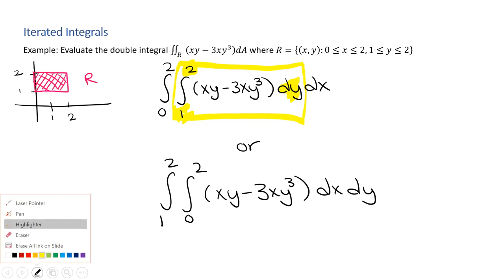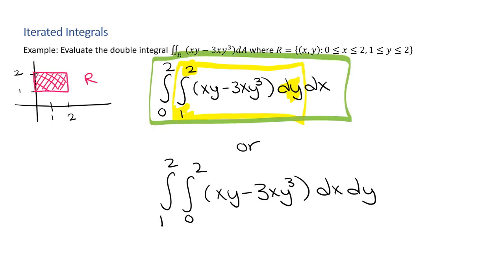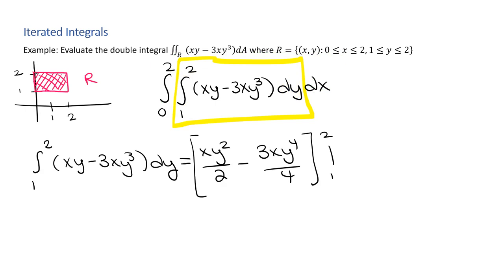So the idea is we're going to do our inside integral first, and then after that, we'll deal with our outside integral. These bounds, in this case the 0 and the 2, go with the dx. All right, so this is the problem we're trying to solve. And so I'll integrate with respect to y first.